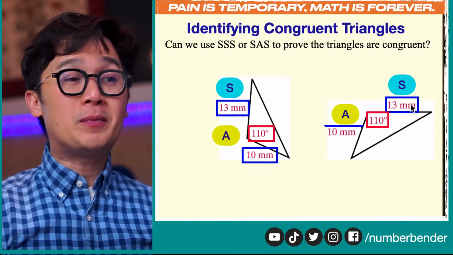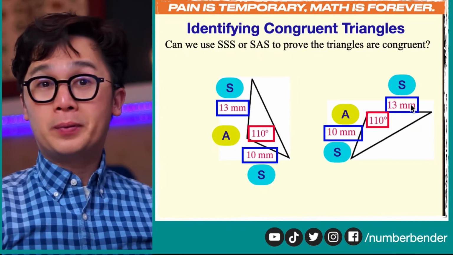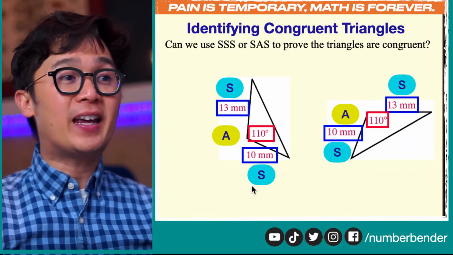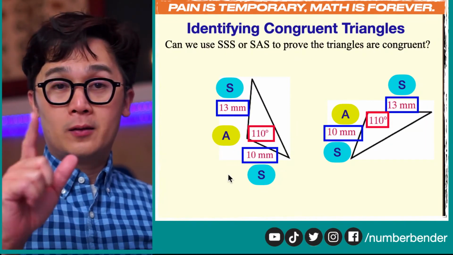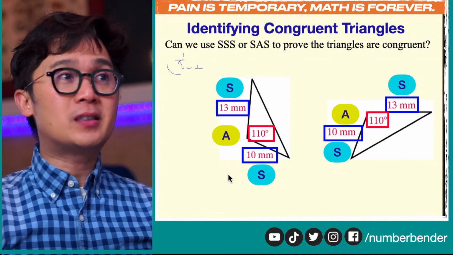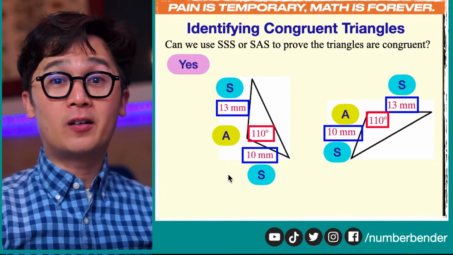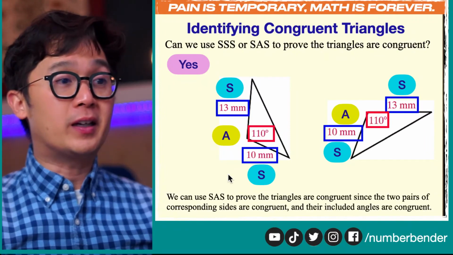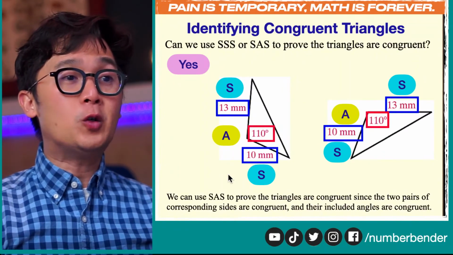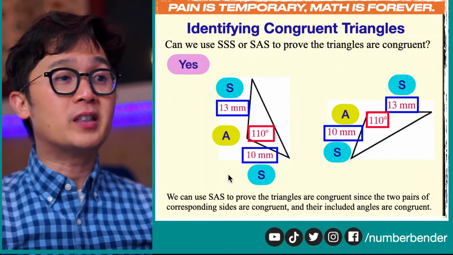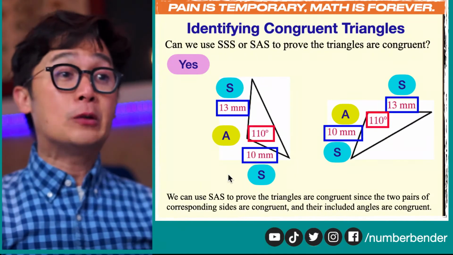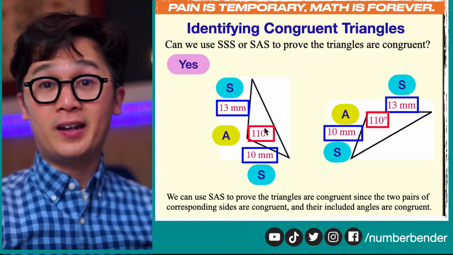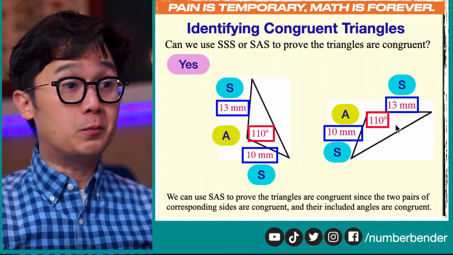And the 10 millimeter side right here would be corresponding and also congruent. So we are seeing SAS in our triangles, which means these two triangles are congruent using the SAS postulate, because the two pairs of corresponding sides are congruent and their included angles are congruent, we can say that triangle 1 or triangle A is congruent to triangle B.